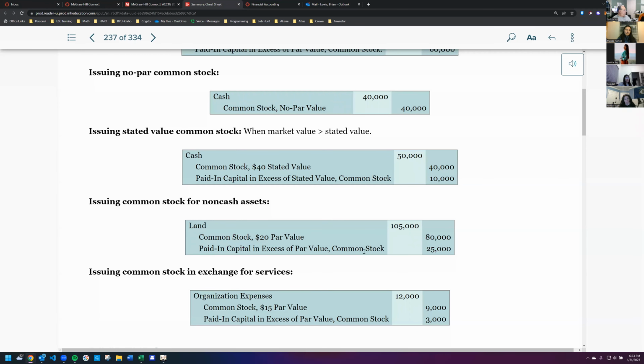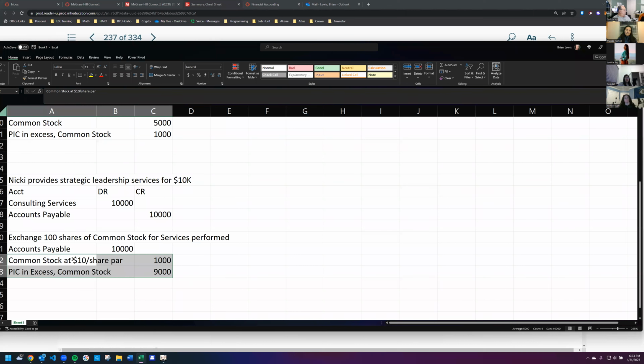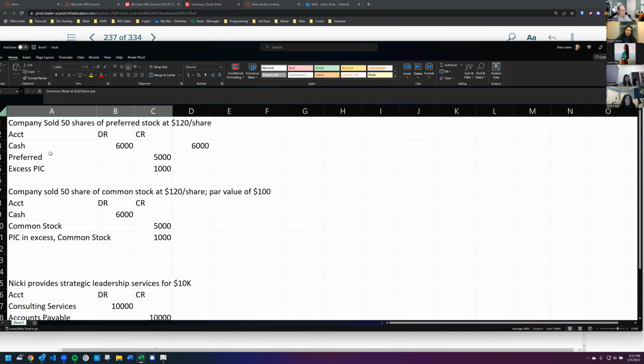Trying to think through this. So if it was sold for less, let's go back up here, right? Let's say this one was $80 a share. So 50 shares times 80, you get 4,000 here. The par value on this is still the 50 shares at $100 because that's the par value.